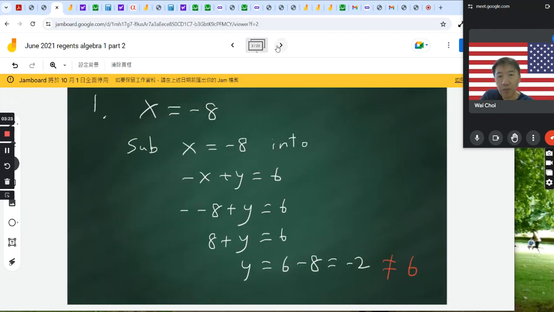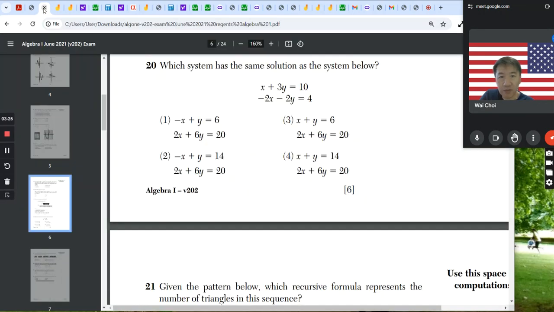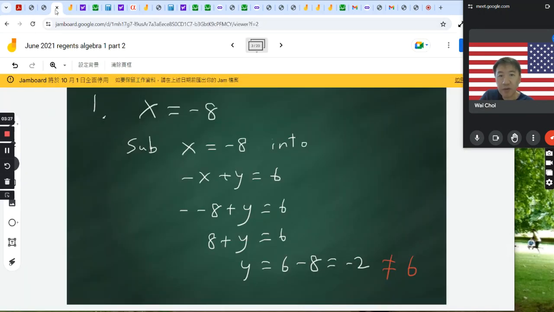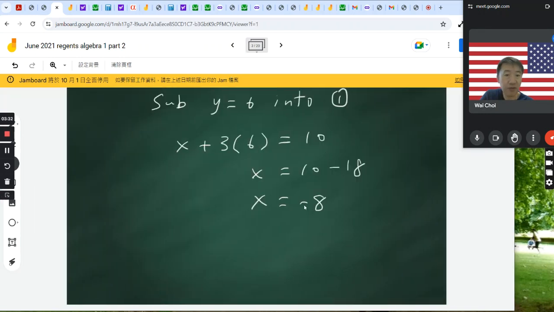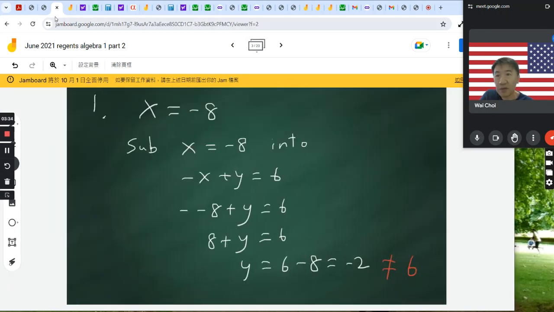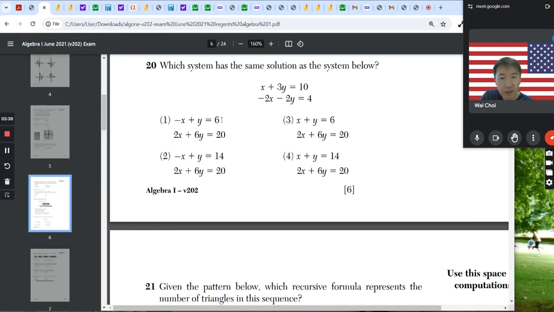Now, we are going to substitute x equals negative 8, which we just found, into the first half of the system. We're not going to substitute that into the second equation here, 2x plus 6y equals 20. The reason is, as I said, this is equivalent to x plus 3y equals 10.